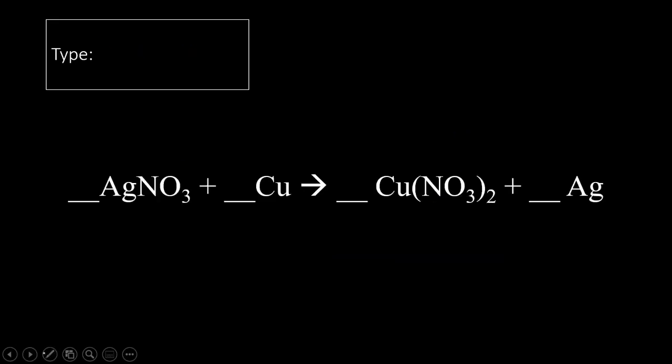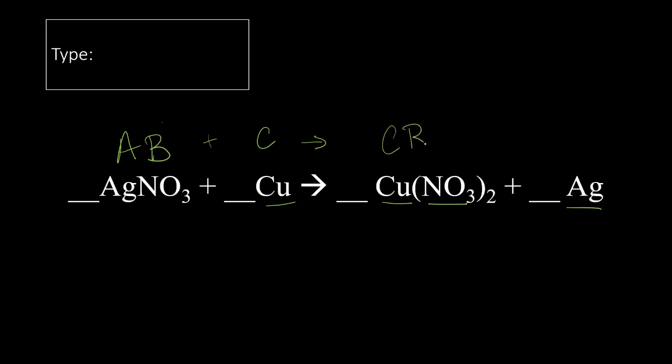And our last example here, I have silver nitrate plus copper yields copper nitrate plus silver. So this is a compound, AB, right? Silver nitrate plus an element makes a new compound.